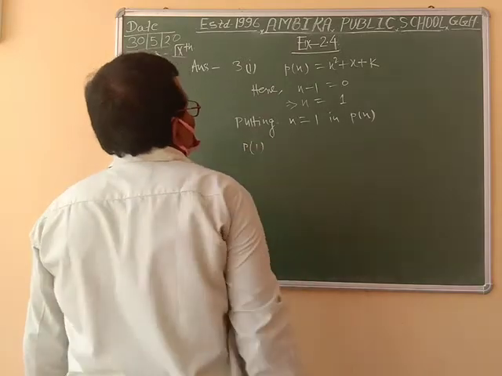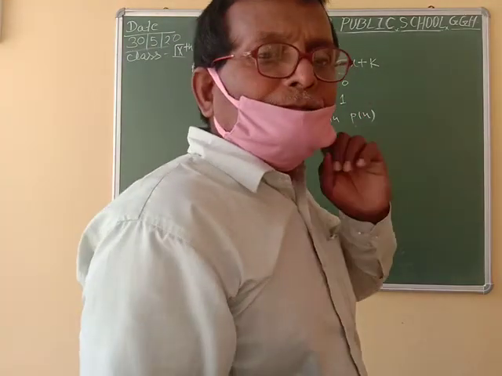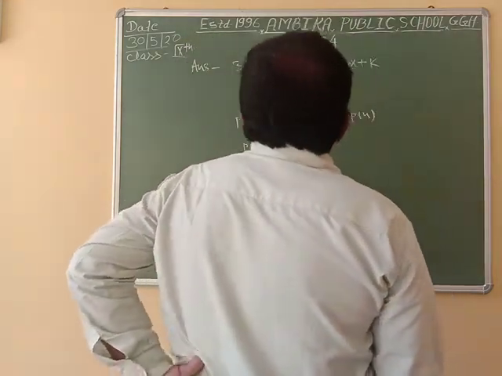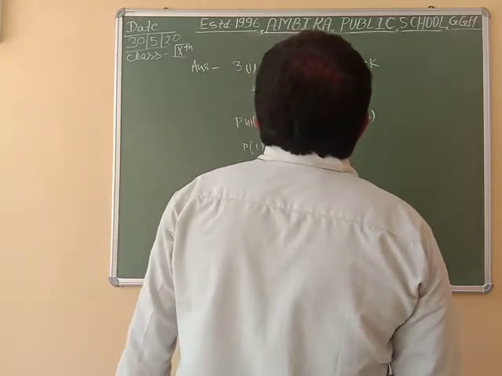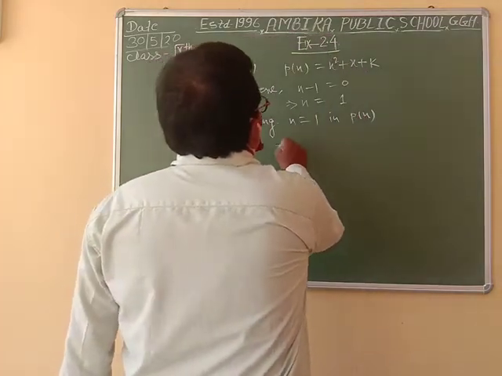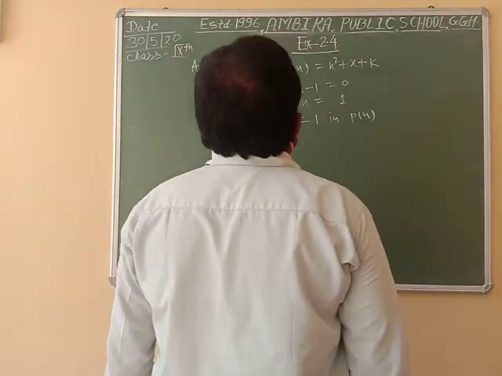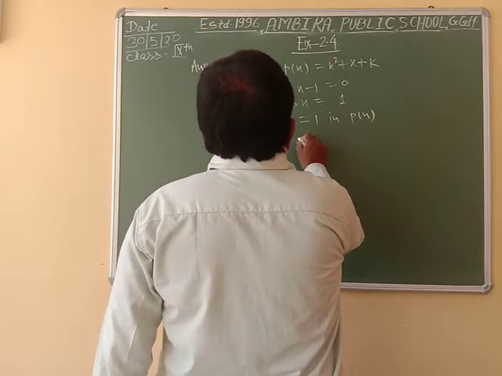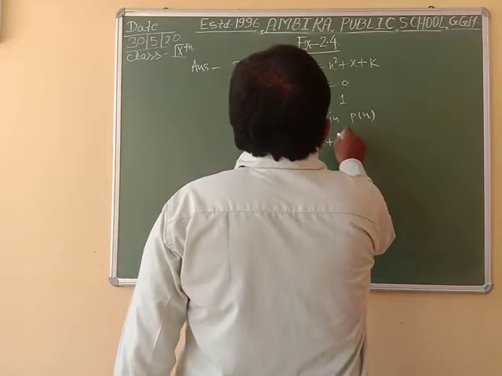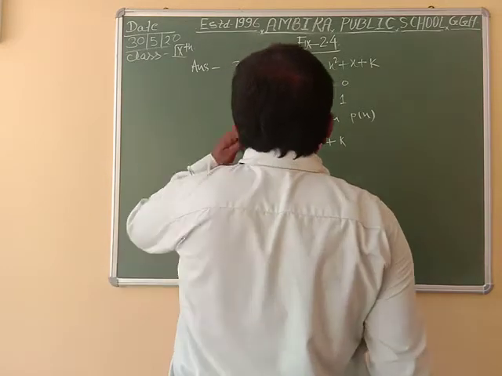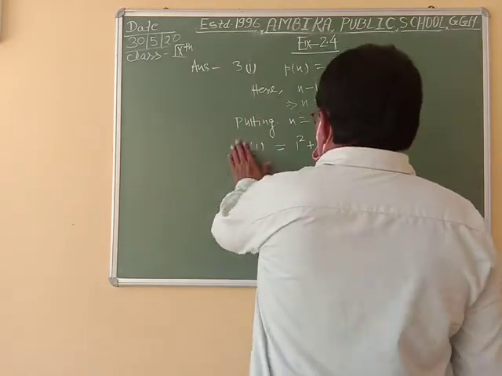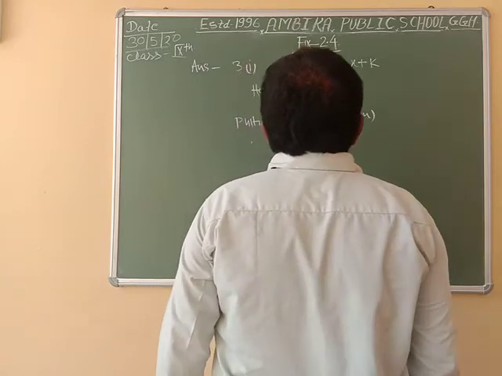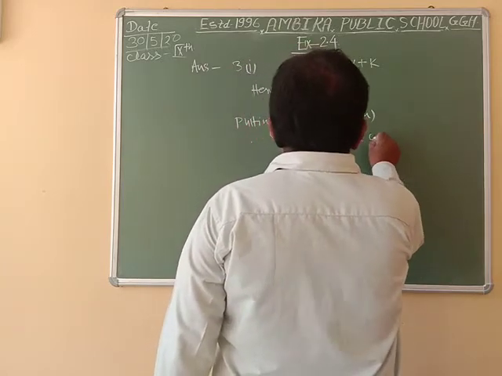p(1) is equal to 1 square plus 1 plus k, which is equal to 0.